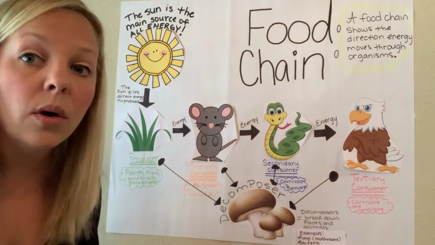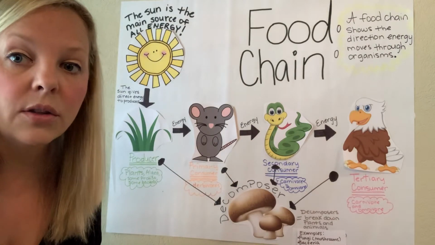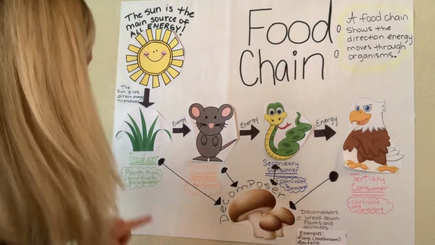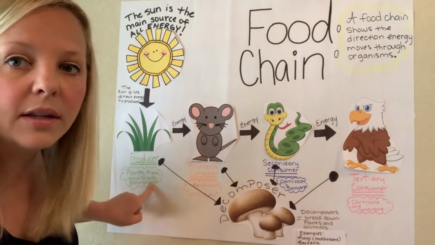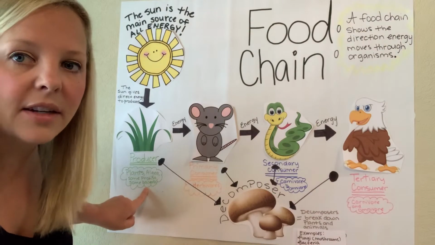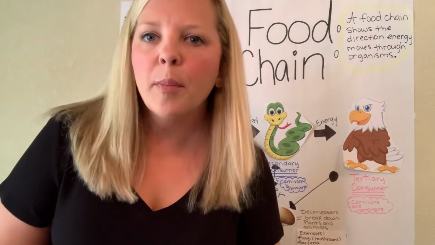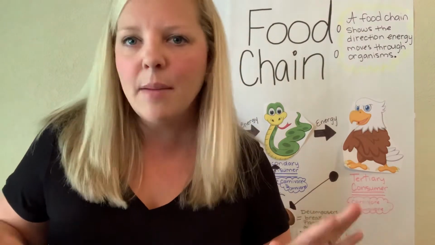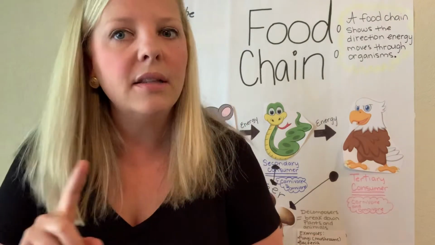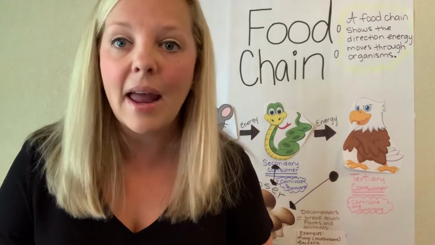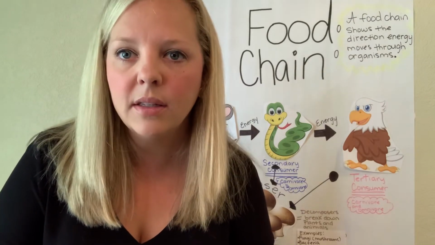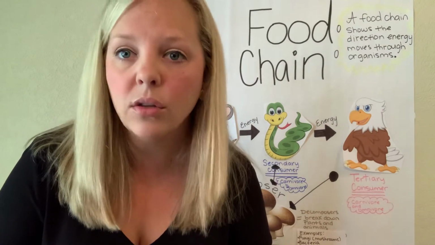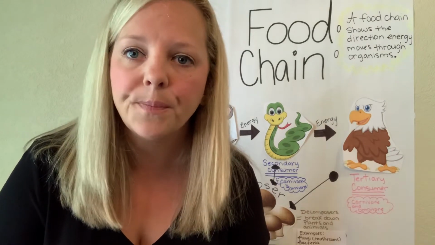Different things that go through photosynthesis or chemosynthesis are plants, algae, some protists, and some bacteria. So always remember producers, when we represent them, a lot of times you're going to see flowers, trees, bushes, but don't forget ever that algae, some protists, and some bacteria also are considered producers.